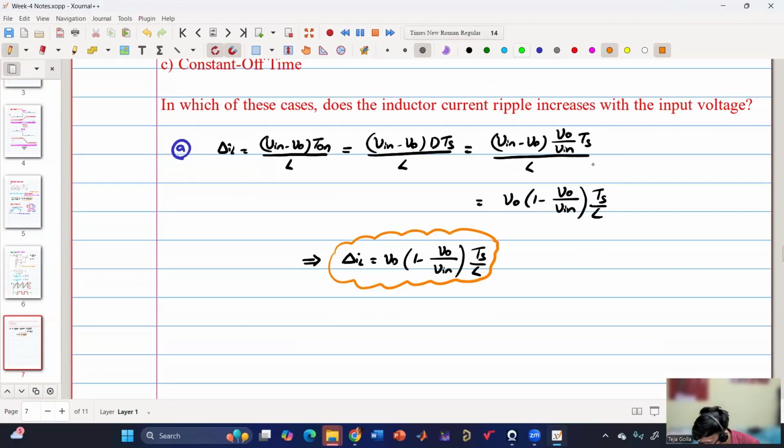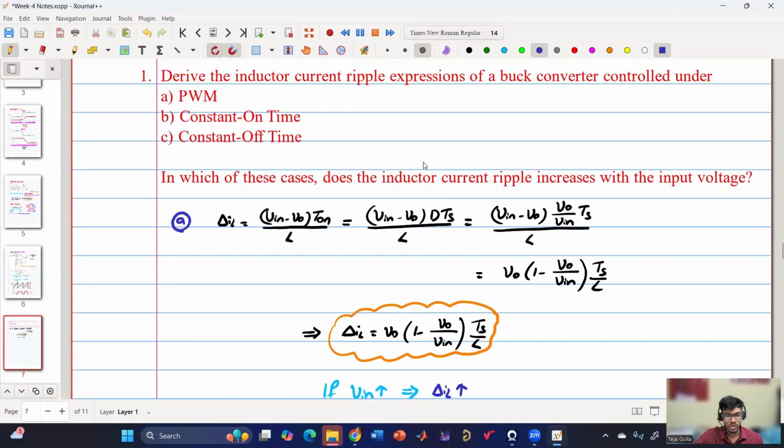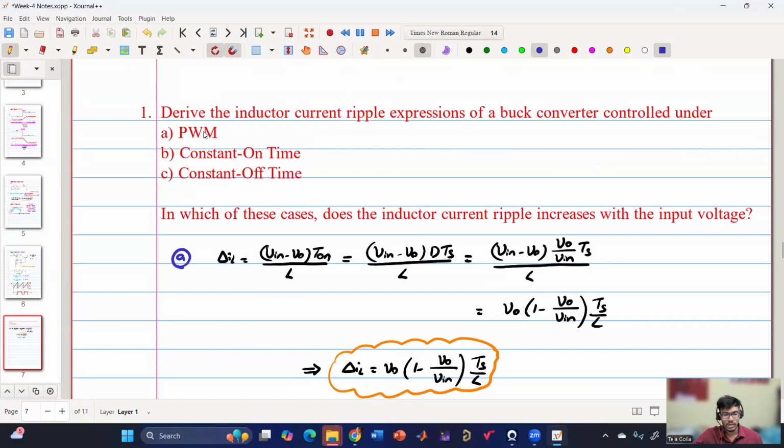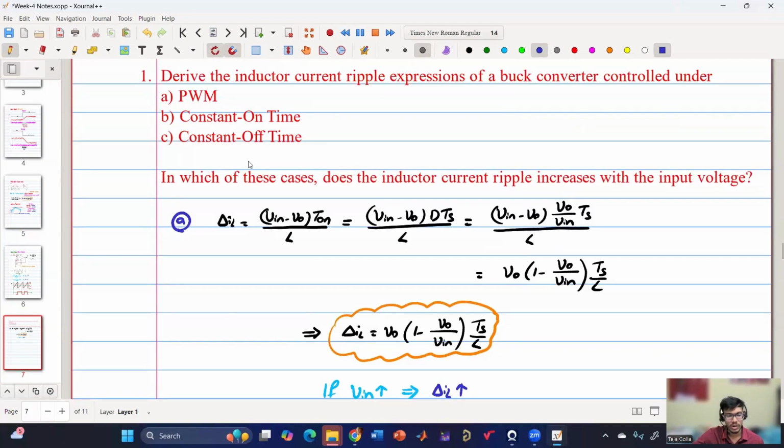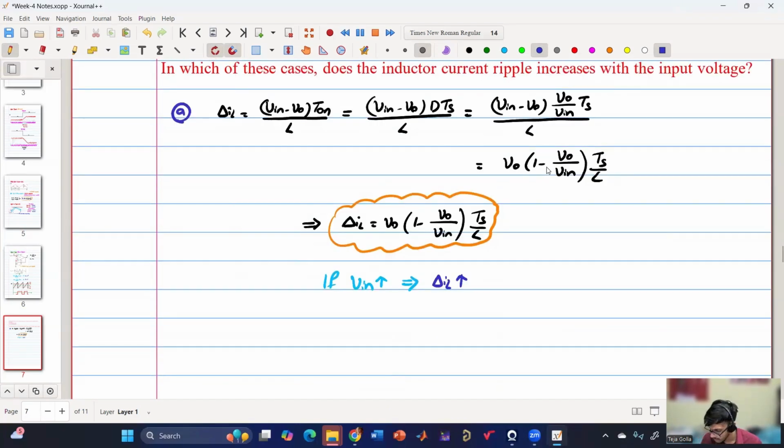So if my V in increases, it implies that my delta IL also increases. So in the case of PWM, if the input voltage is increasing, the inductor current ripple is increasing. Now let us shift to constant off time and see whether it is the same or not. So in the case of constant on time, what will be my delta IL?